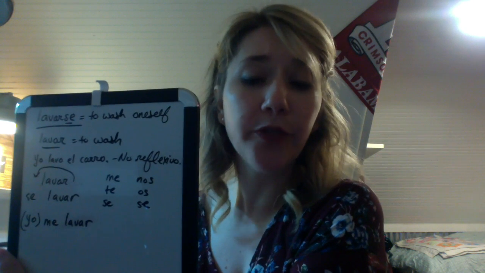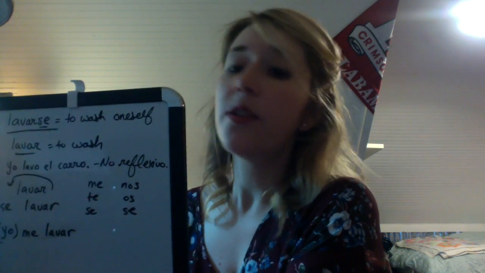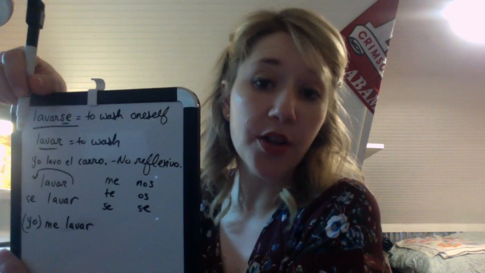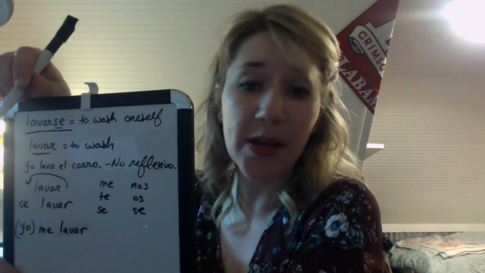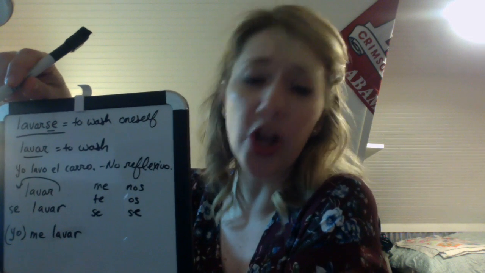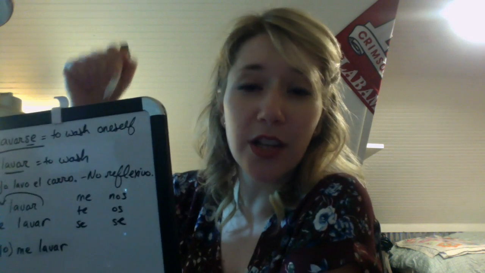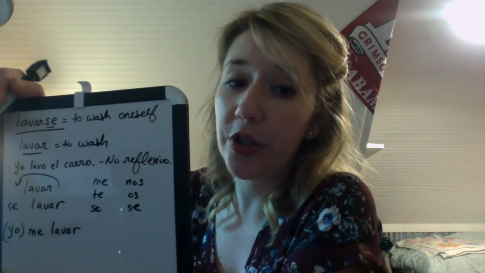So I myself to wash, and that doesn't make any sense. So just like I said up here, yo lavo el carro, I wash the car. Or if I said yo hablo español, I speak Spanish. Or yo soy de los Estados Unidos, I am from the United States. Those are all conjugated verbs. We got to conjugate this one too. So yo me lavo. So take off your AR and then put your correct ending on it.